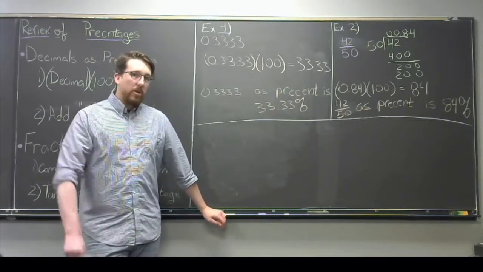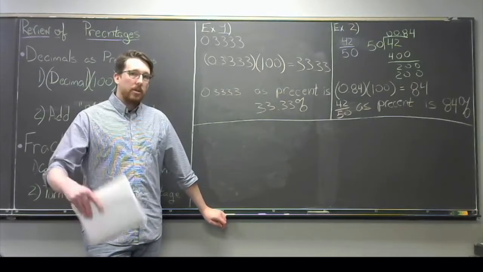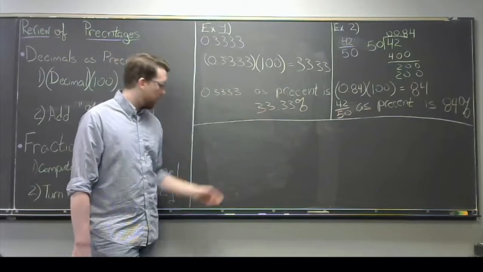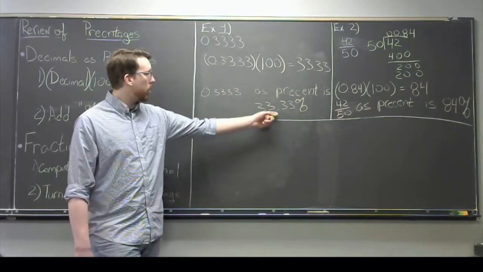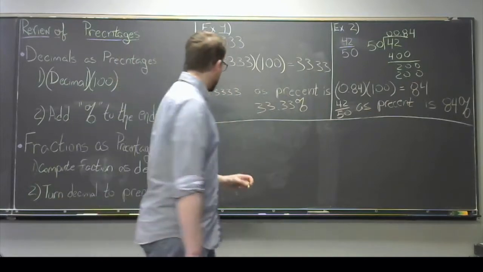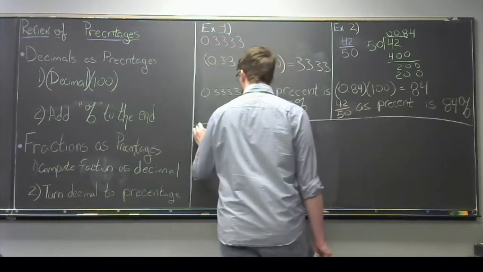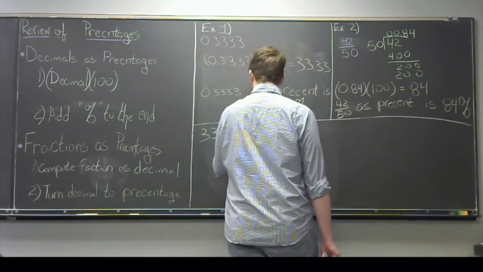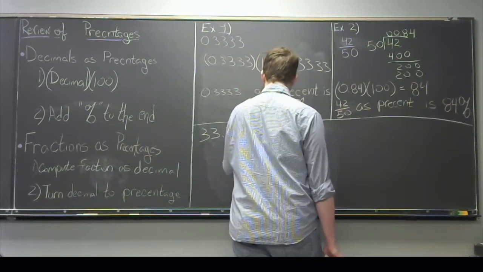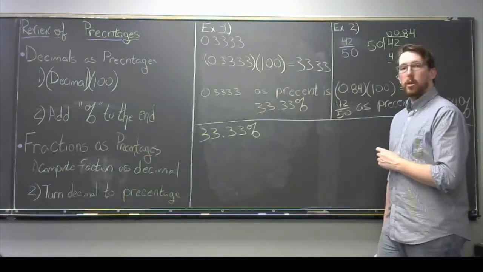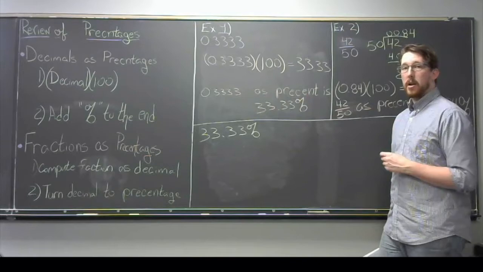So the obvious question now is, what if we want to go in the opposite direction? Well, let's take our example 33.33% and move it in the opposite direction. First, we would drop the percentage sign, and then we would divide by 100.